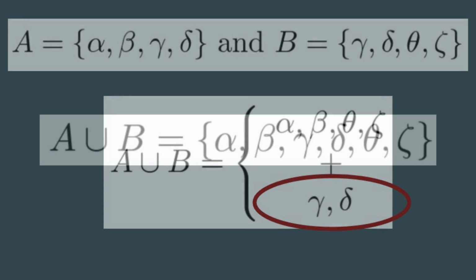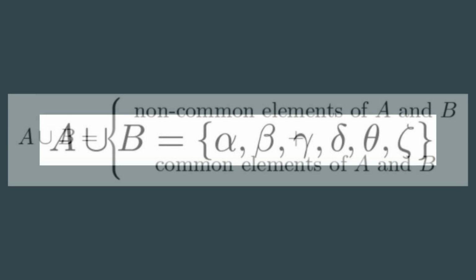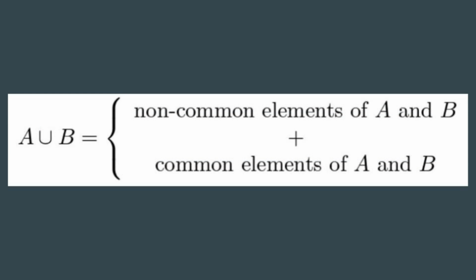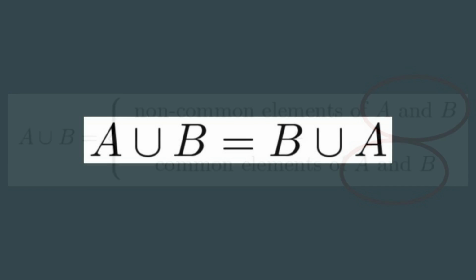Therefore, A union B is equals to the set consisting of the elements alpha, beta, gamma, delta, theta, zeta. Thus, you have seen that in the definition of A union B, the order is not important. Thus, conceptually we get A union B is equals to B union A, but how can you prove it mathematically?